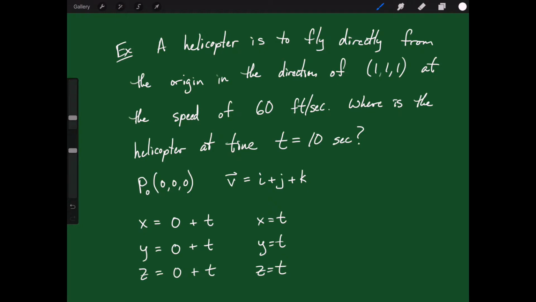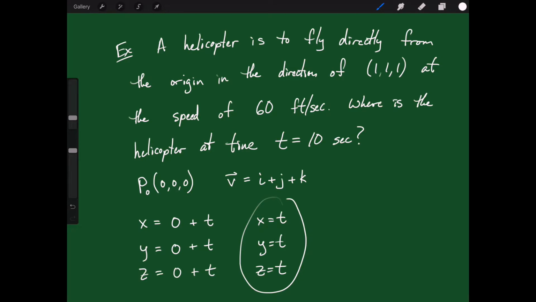But at a time of, let's say, 1, how far has this helicopter actually traveled? Well, it moves 60 feet per second, so it's moved 60 feet. If I plug in 1 right now, though, to my set of parametric equations, I get 1, 1, 1. At time 1, I'm not at 1, 1, 1. I'm 60 feet out. So this isn't quite right.